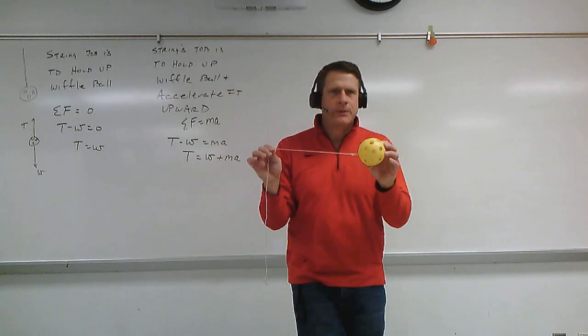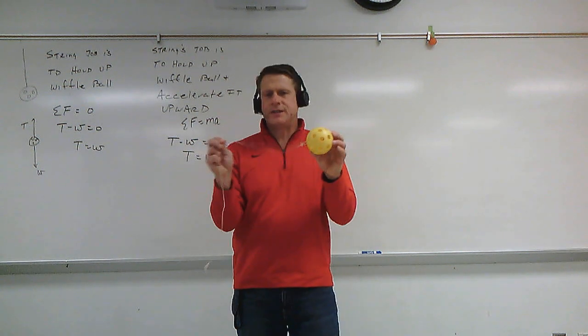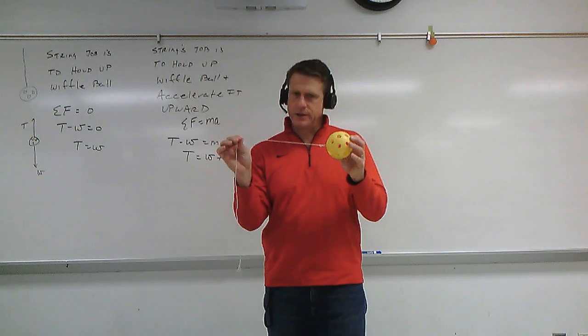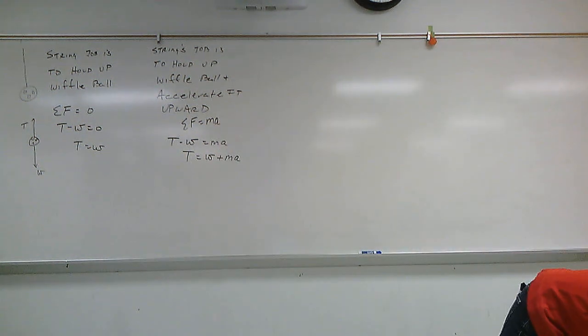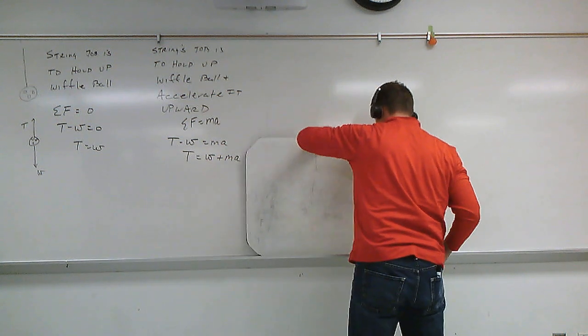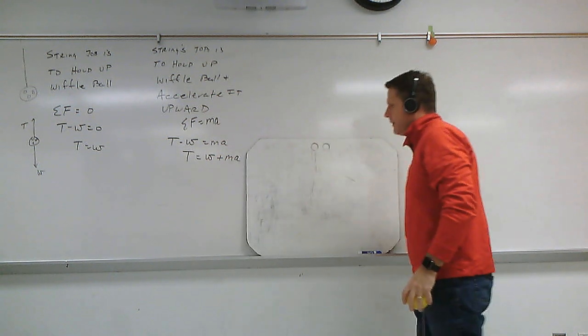And in this case, the only thing that's doing that is the tension in the string. I'm going to talk about this on a sideboard here so that my progression doesn't get harmed.